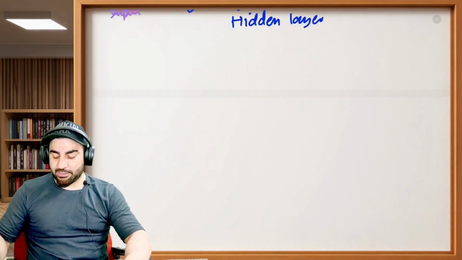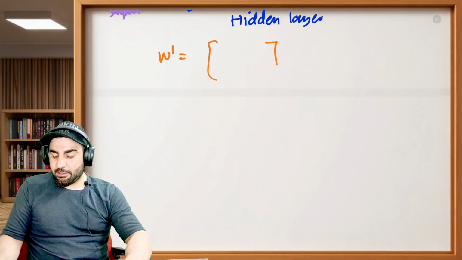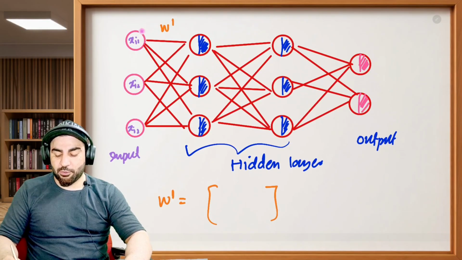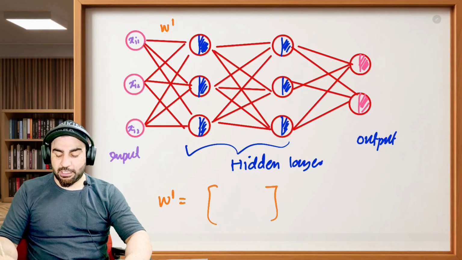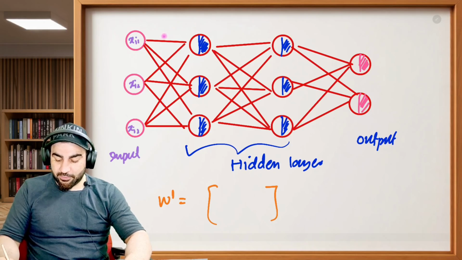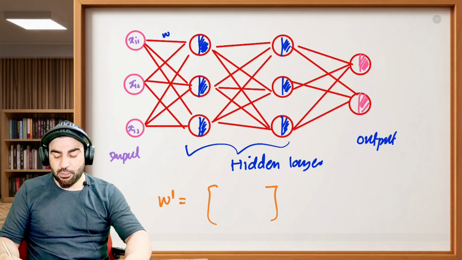So how is W1 represented? This is a matrix which contains these weights. Here we have this input, and then it goes till here. So how can I assign weight? Let's suppose this is the 0th layer, and this is the first layer. So this weight over here is W, and I can say it goes from layer 0 neuron 1.